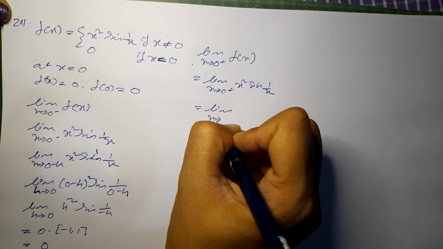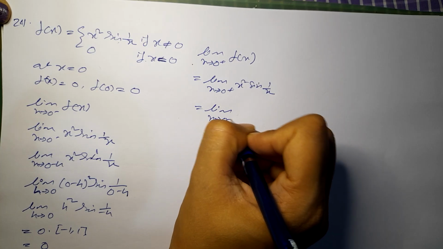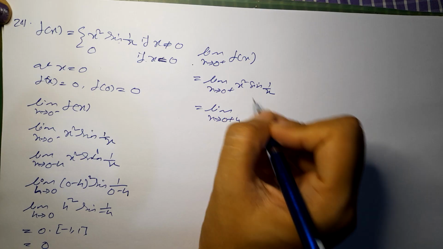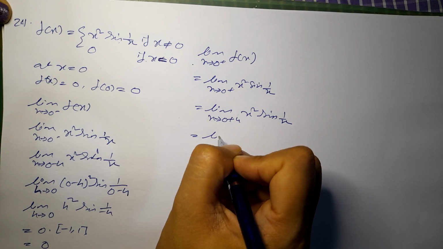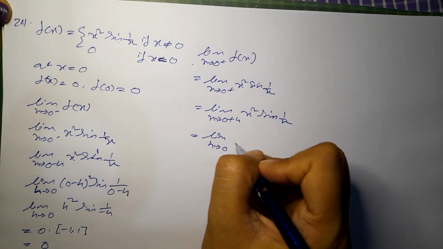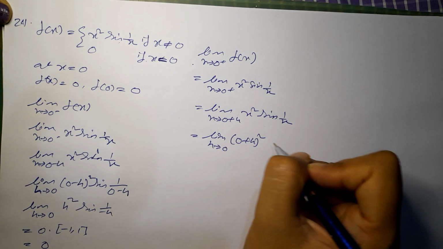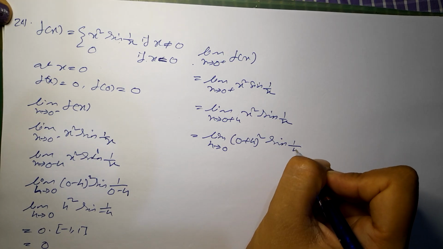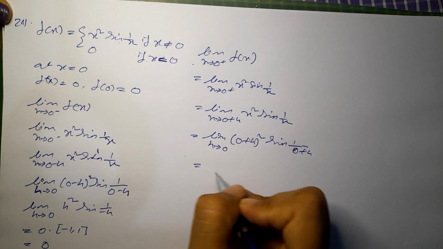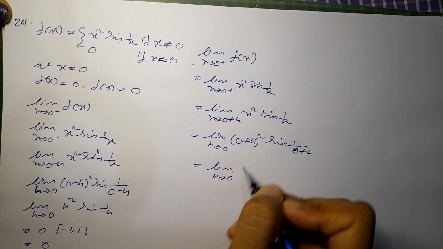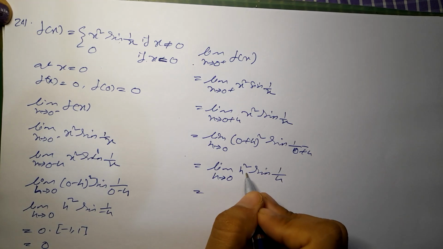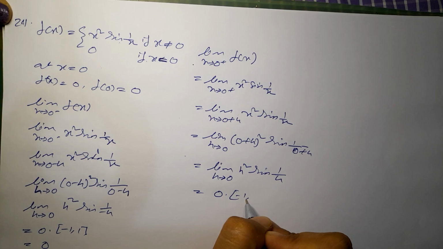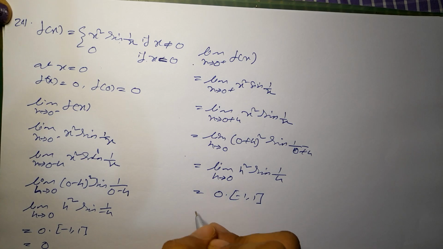Now it will be x equal to 0 plus h, so the limit h tends to 0 of 0 plus h square sine 1 by 0 plus h. So limit h tends to 0, it will be 0 square sine 1 by h. So it will give 0, and sine 1 by h will lie between minus 1 to 1. So multiplied with 0, it will give 0.